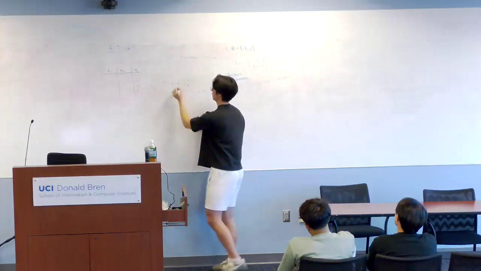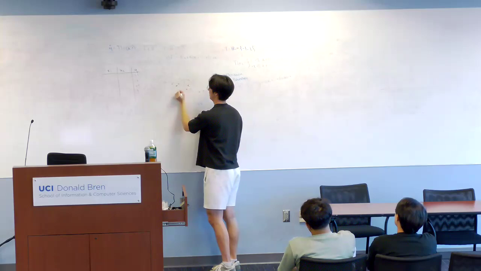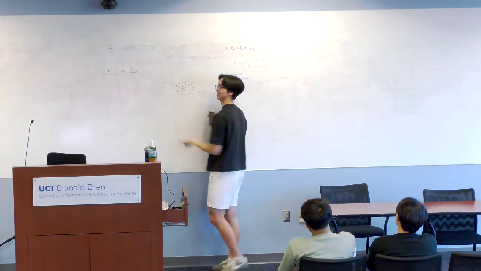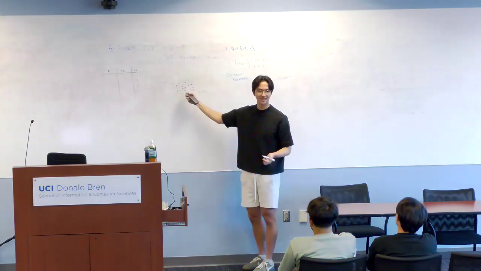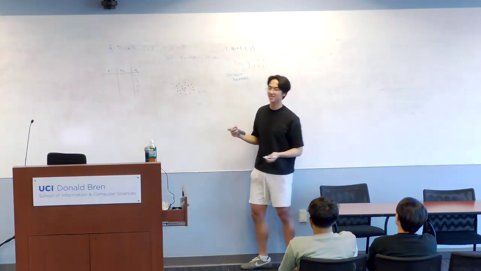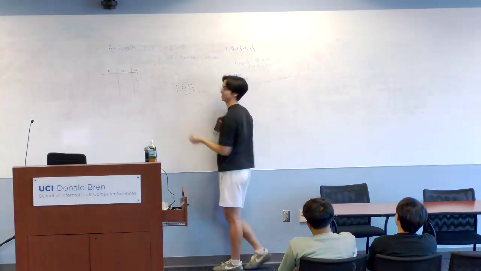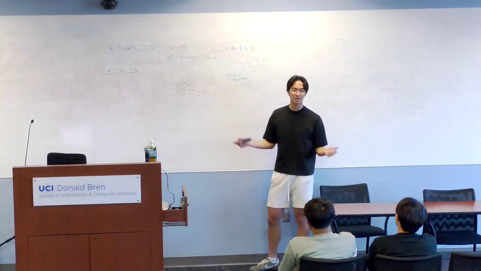Suppose my data set looks like this, and I want to fit a circular decision boundary, because this is the best way to classify things. How might I do that?